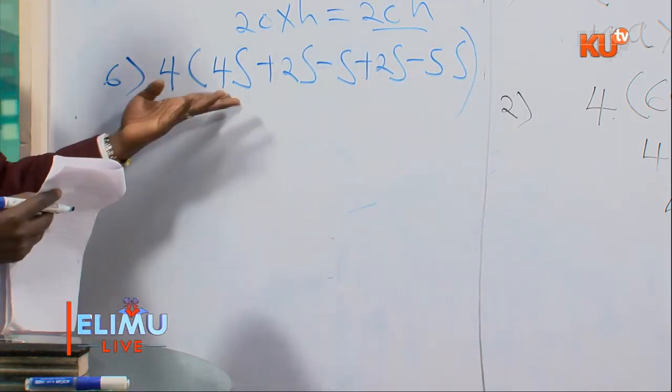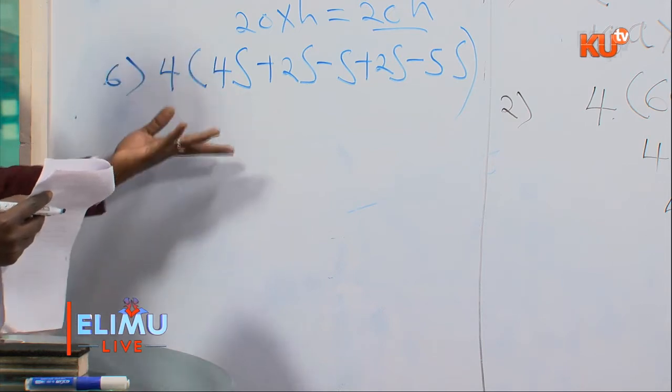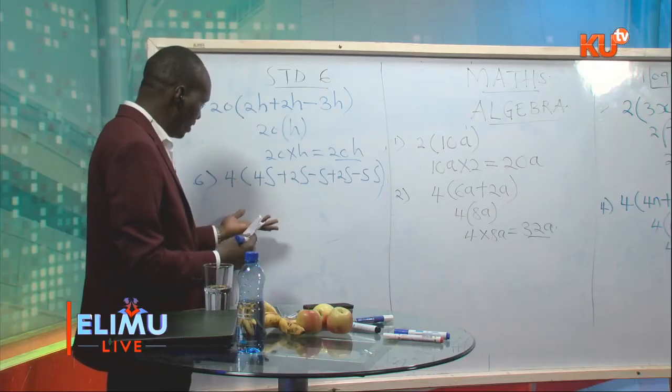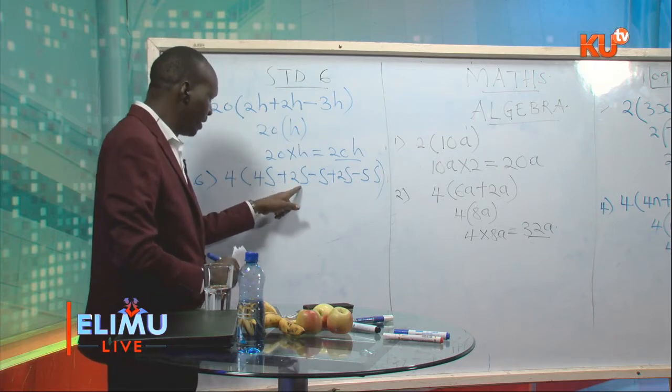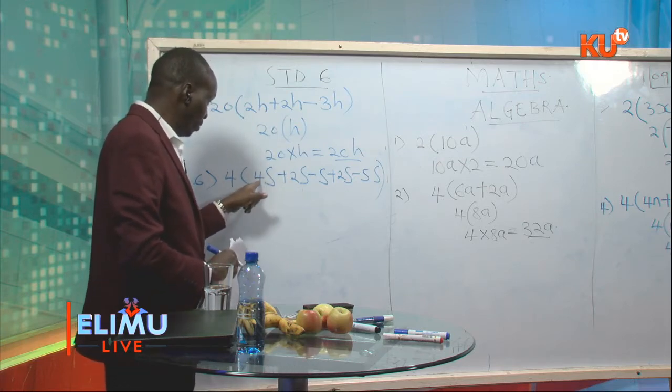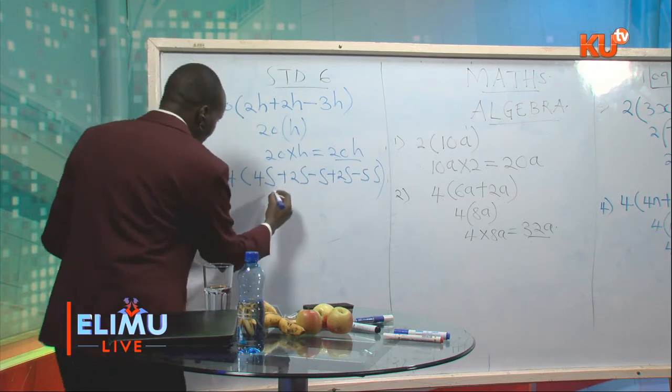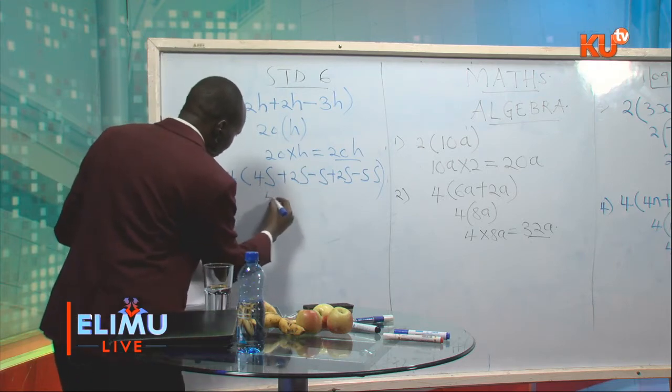Here I can see we also have the like terms, therefore we shall work it out straight away. That is 4s plus 2s, we get 6s.